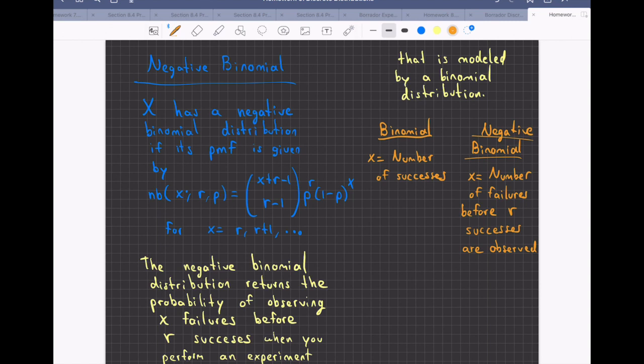If for us success is head. The expected value of this is r times 1 minus p divided by p, and the variance is r times 1 minus p divided by p squared.